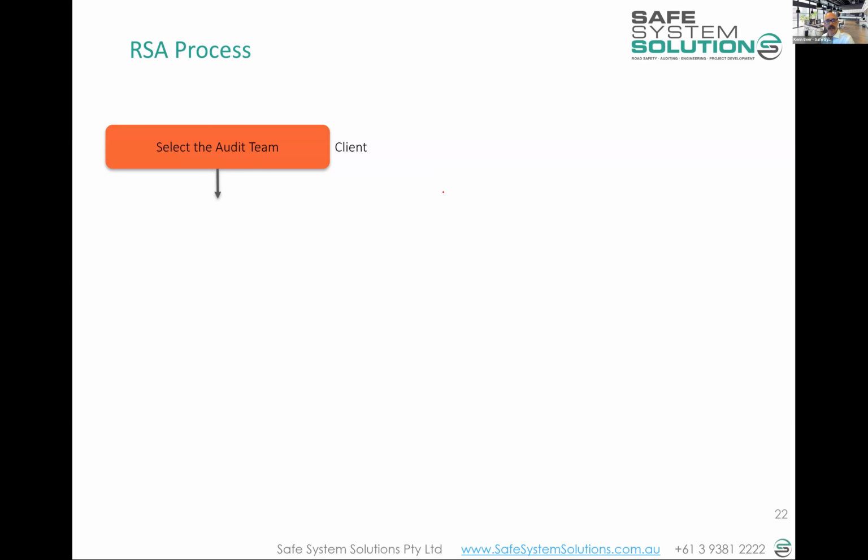That'll be the council, the state road authority. It may sometimes be a developer, because the council or the state road authority has pushed that responsibility of the audit process to that developer and made it a requirement of a permit or something like that.